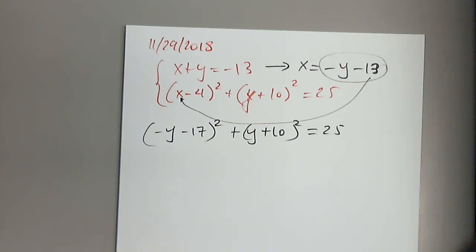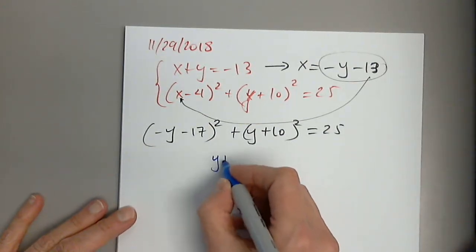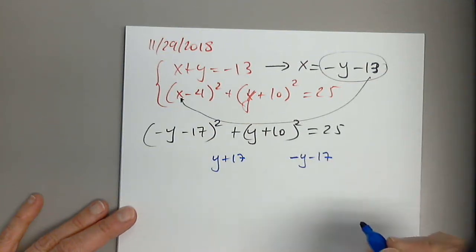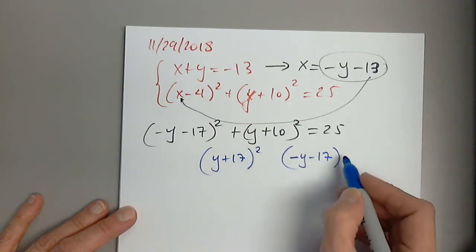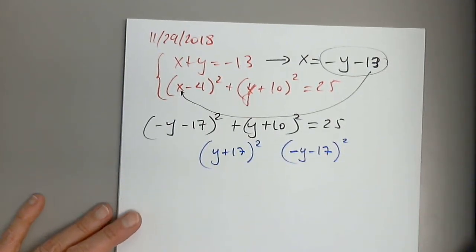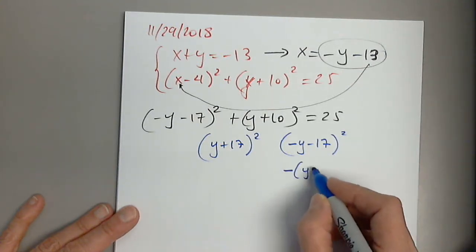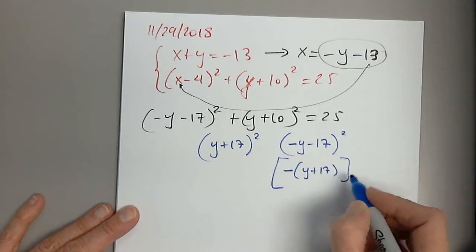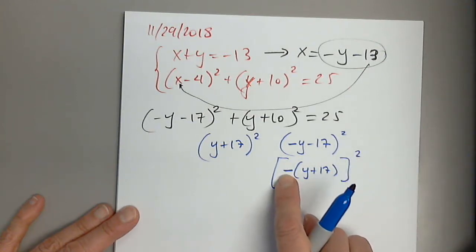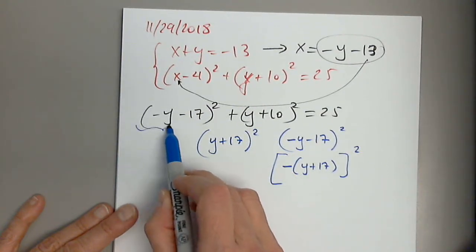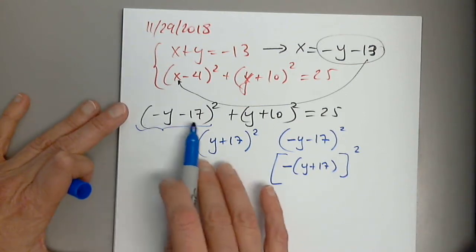Yes. Okay. So now I think we talked about it, but again, I'm checking my memory. If I have y plus 17 or negative y minus 17, when I square, I will get the same thing. Here's why: because I factor out negative 1, and I have to square, but I square negative 1 as well. I'm only pointing that out because I don't want to see any negatives in here.